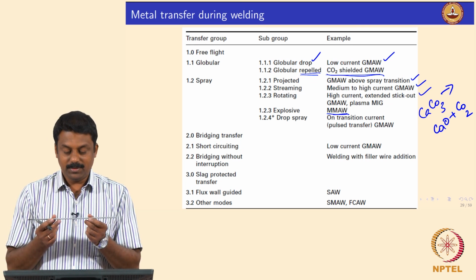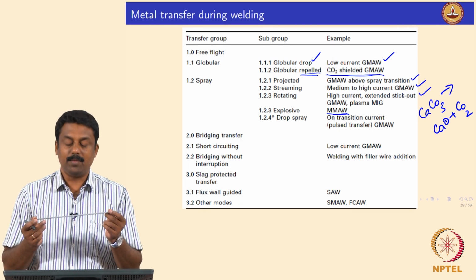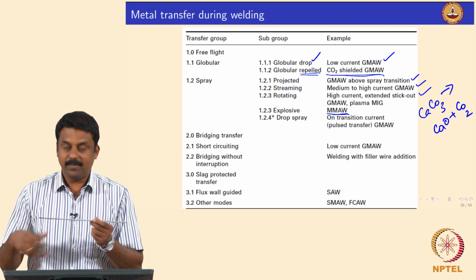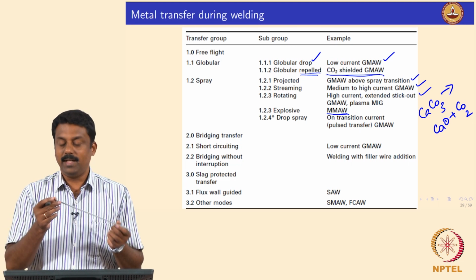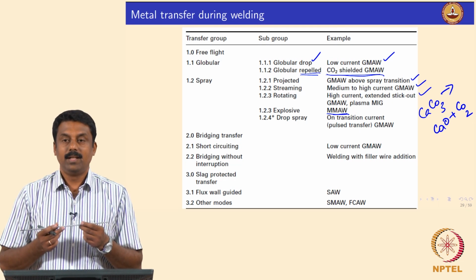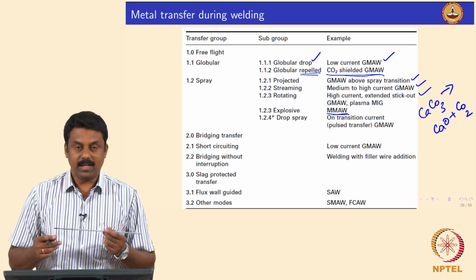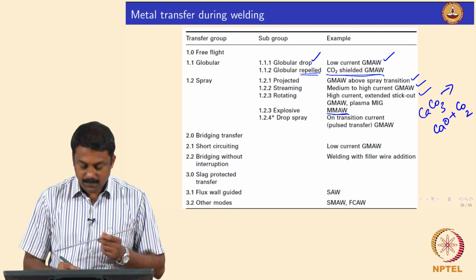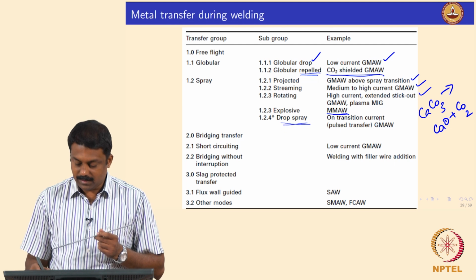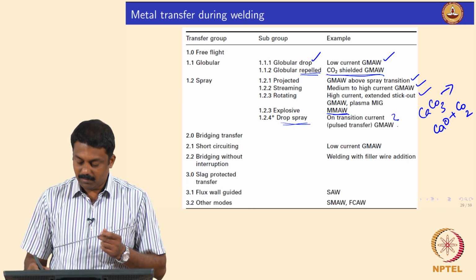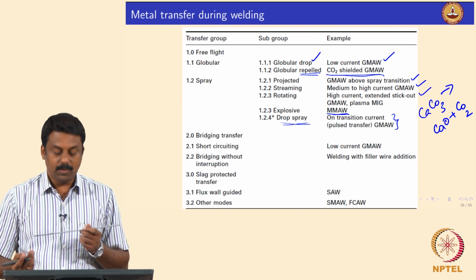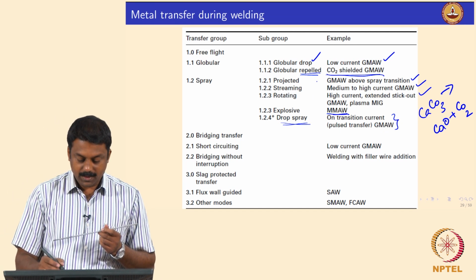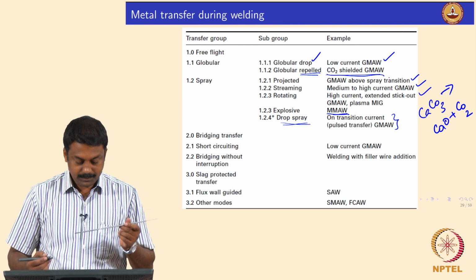This is used for manual metal arc welding or shielded metal arc welding, and because of the CO2 generation plus the high current used to melt such a large diameter, you sometimes get an explosive transfer. Drop spray, just above or around the spray transition, is the most advisable transfer mode, drop spray or projected spray.